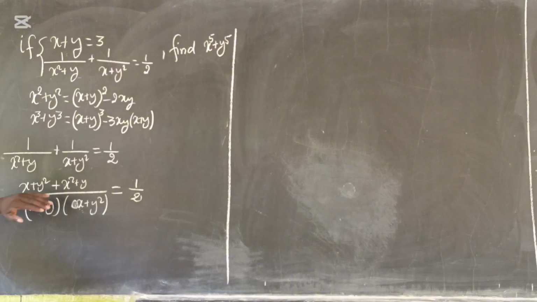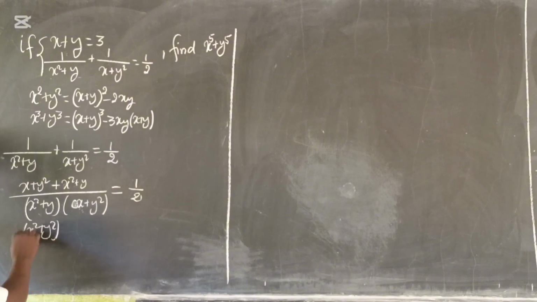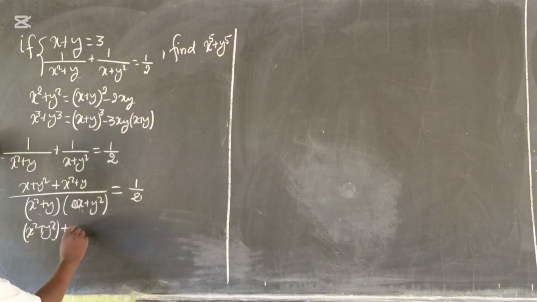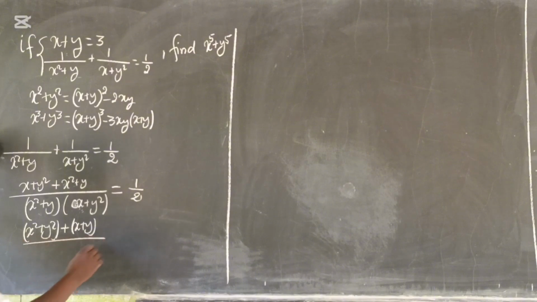As you see, let's collect this with power of 2. We have x squared plus y squared plus x plus y, over this times this is x power 3.